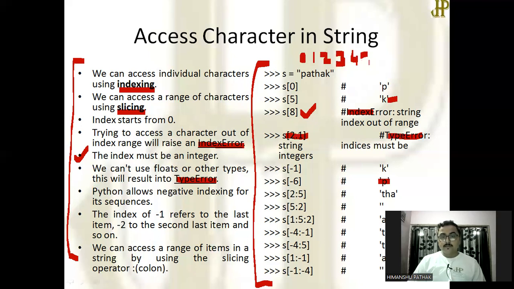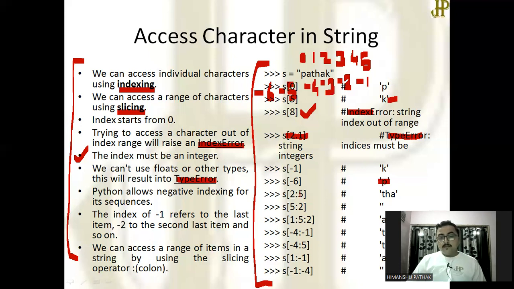That's it. And if we start from the back, it starts from -1. -1 is K. -2 stands for A. -3 is for H. -4 is for T. -5 is for again A. And -6 is for what? P.